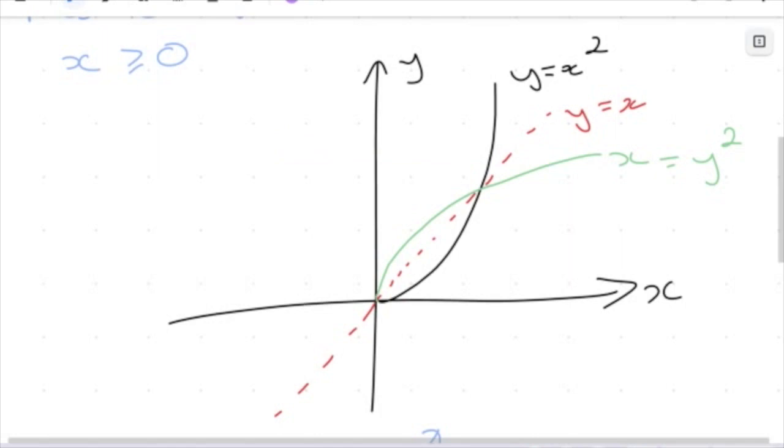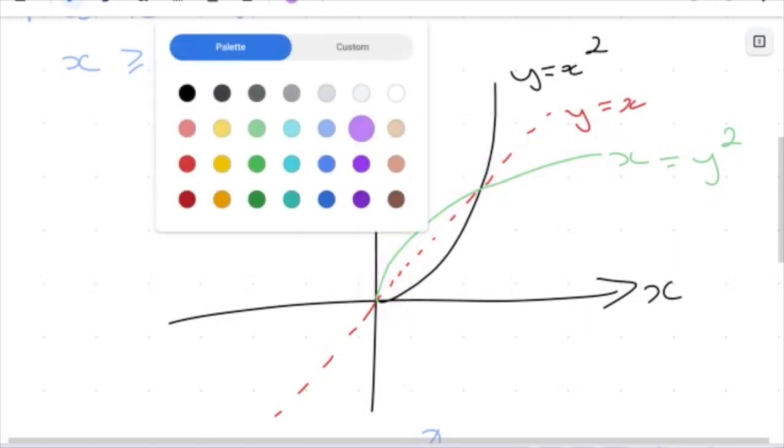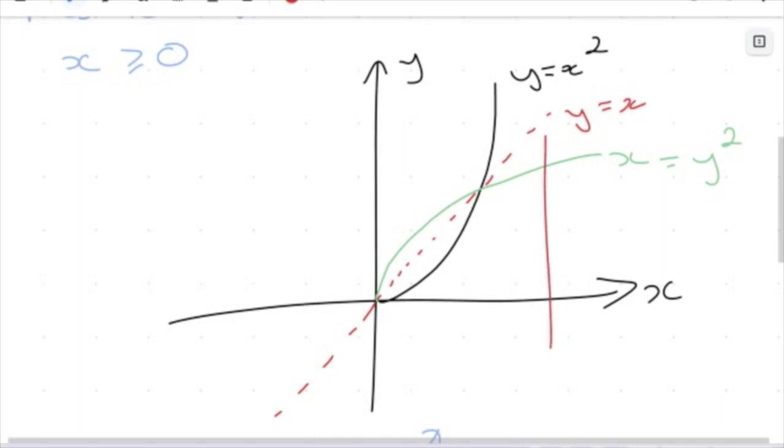And that means that the resulting thing I get when I swap over my x's and my y's is an inverse function. This guy here in green is an inverse, and it is also a function because it passes the vertical line test, where each value of x produces one value of y. So this is indeed now a function.